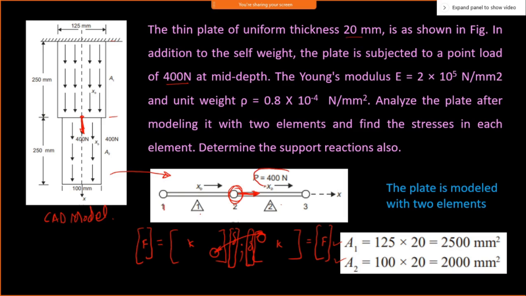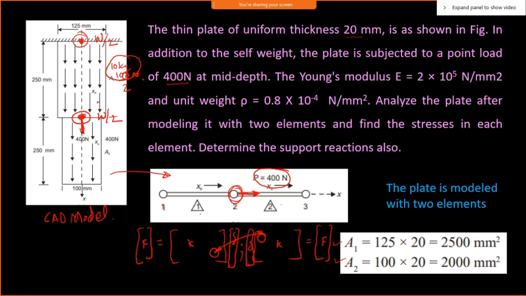Once we have added it up, here the load given is only one point load, that is 400. But along with that point load, there is a self weight. As it is an FEA model, what I have to do with the total weight, maybe 10 kg, just imagine the total weight is 10 kg or maybe 100 Newton. Half of this should be kept onto one node and half onto the other. That means I can have W by 2 onto this and W by 2 onto this.